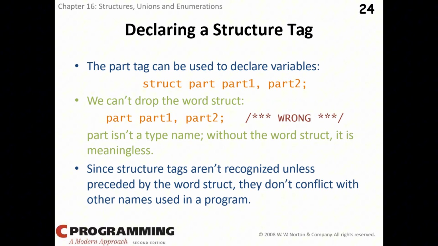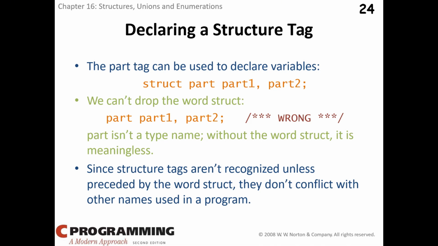Now once we have declared a structure tag, such as the one in our previous slide, we can use it to declare variables of that structure type. This allows us to create multiple variables that share the same structure definition.